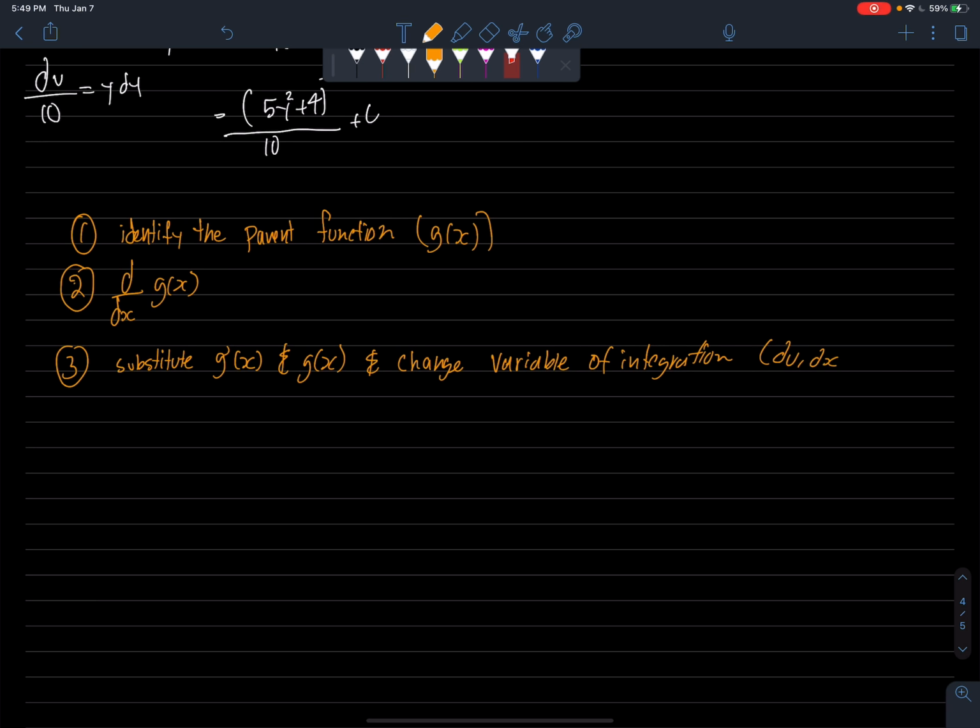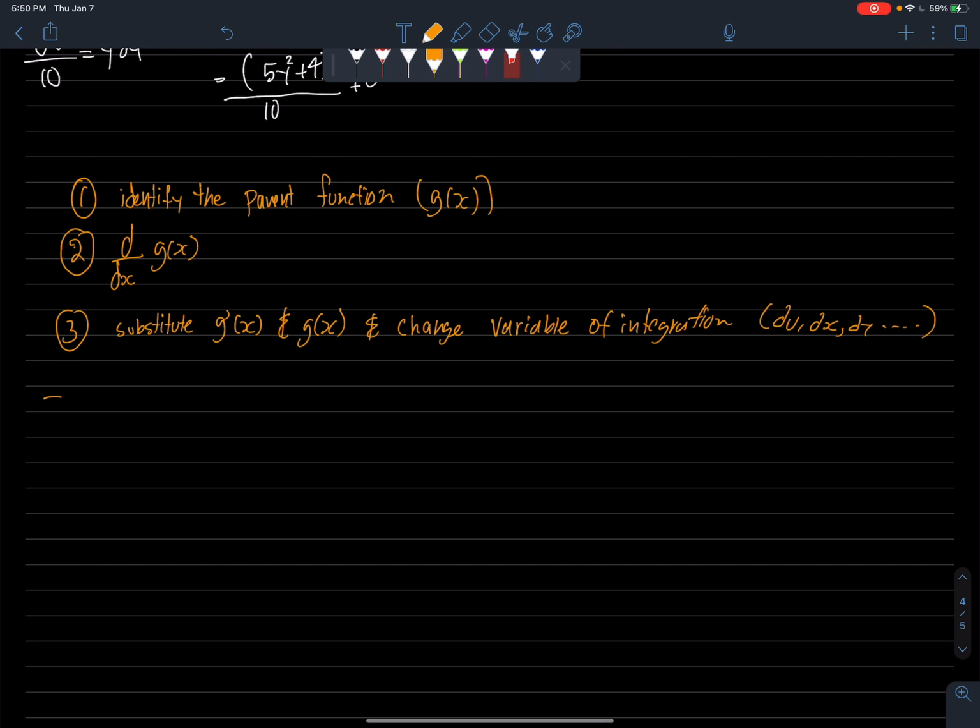Du, dx, dy, right? Four, integrate. Five, change variables back.